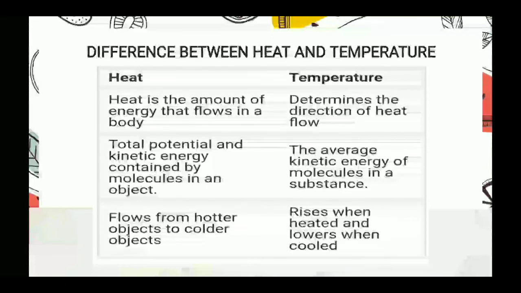Heat flows from the hotter objects to the colder objects, nothing but from the bodies at the highest temperatures to the bodies at the lowest temperatures. And temperature rises when it is heated and lowers when it is cooled.